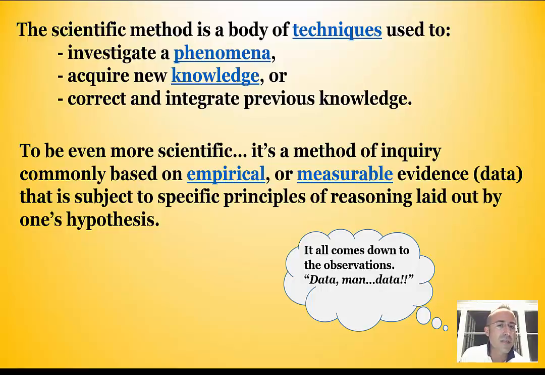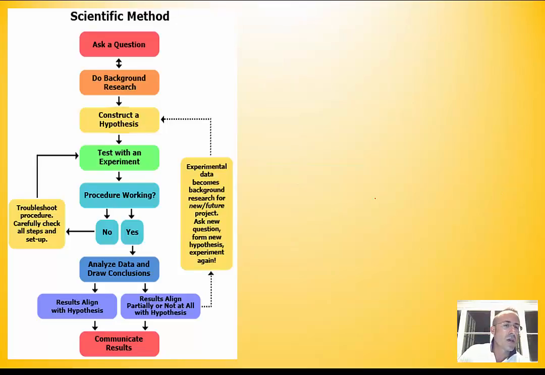Okay, so let's take this and now let's look at how these steps go in a linear fashion, and then I'll talk about this in more of a cyclic fashion. Okay, so here it is. So the first thing that's going to happen is what you see up here. You ask a question. That's number 1. By asking a question, you are going to already have had, at this point, an observation.